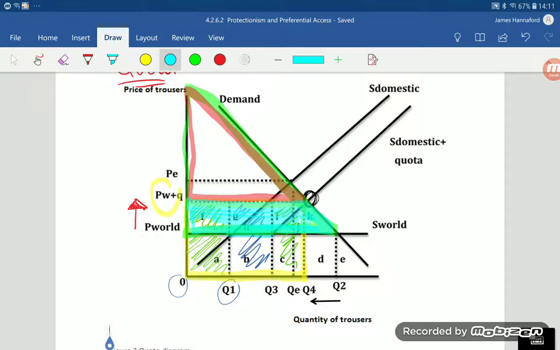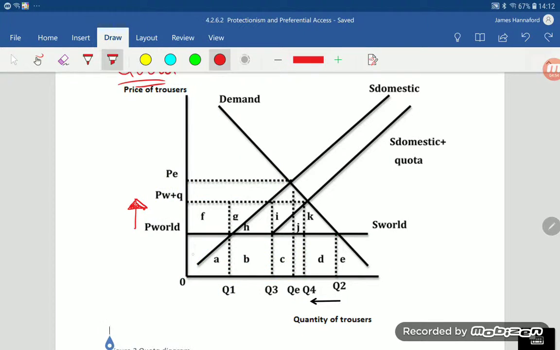So I'm just going to tidy up the diagram so you can see what's happened to the producer surplus. So the producer surplus was this area here, okay, when there was no quota. After the quota, it led to a higher price. Now, I wouldn't get too bogged down in the shape of it, but what we can see, look, is that the price has increased, okay?